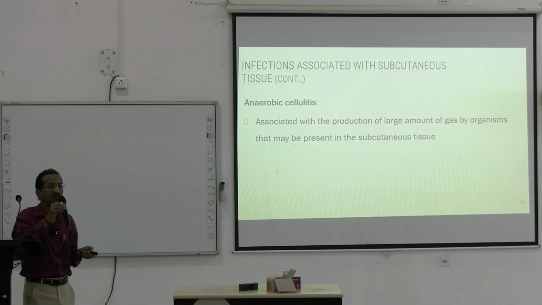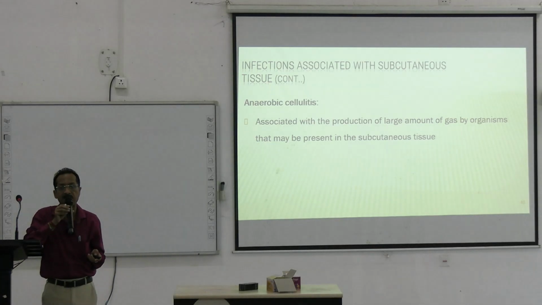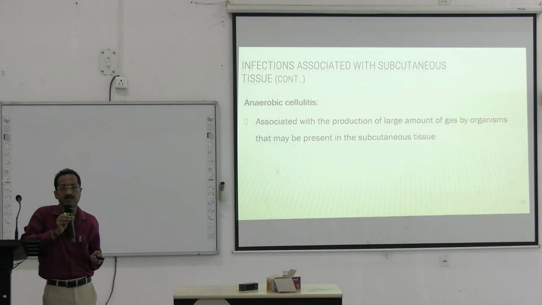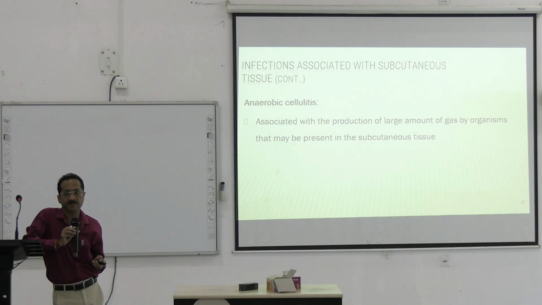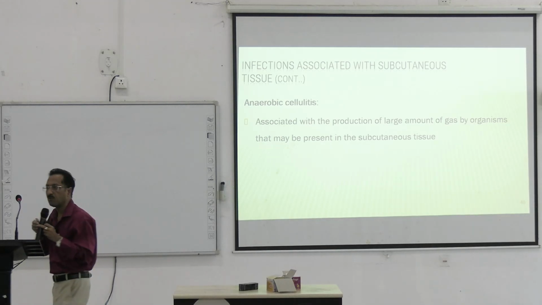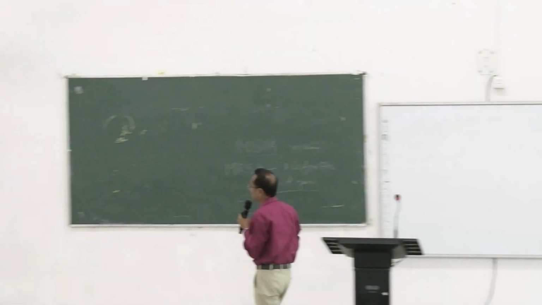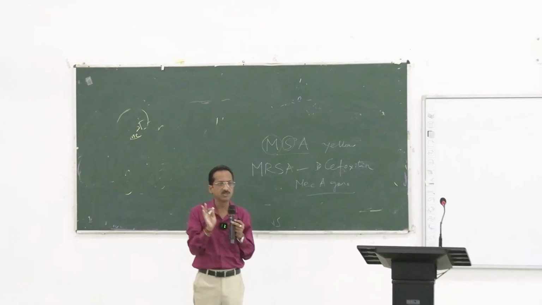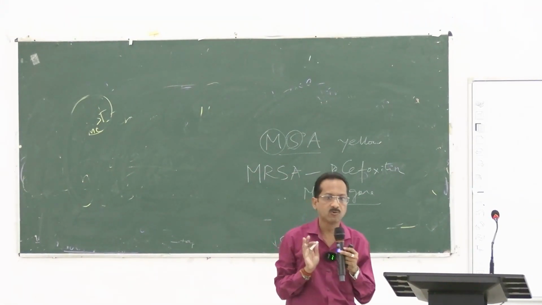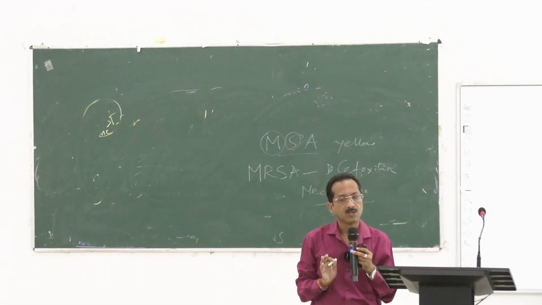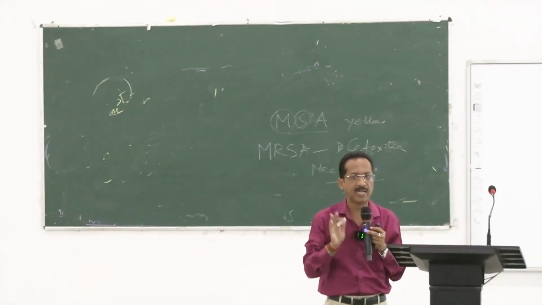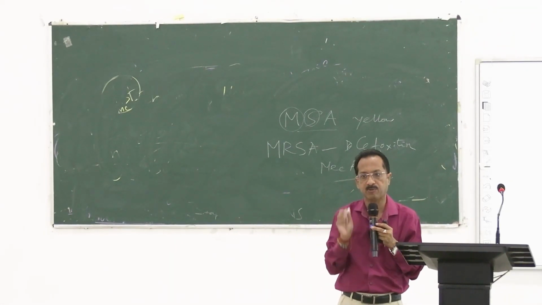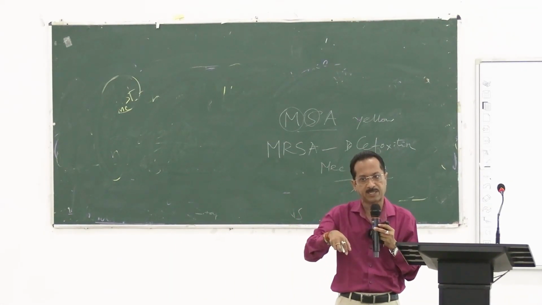What media should we use and what sample should you take for anaerobic cellulitis diagnosis? This can also come in the exam, so how should you mention it? A superficial skin swab would be a good sample? Swab is not at all a sample. For any anaerobic organism you have to take the sample from deeper tissue.